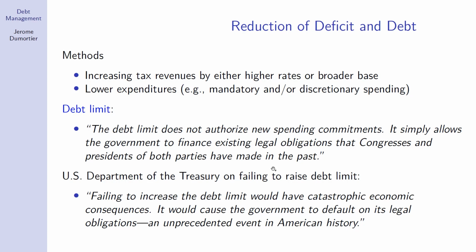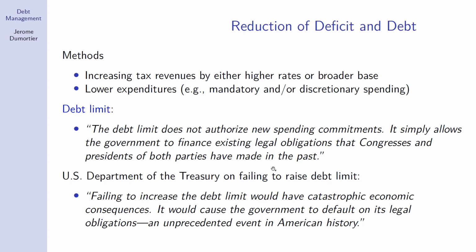Now on this slide, what you see as well are two quotes from the US Department of Treasury with regard to the debt limit. This is an item that has been in the news in recent years. A debt limit is basically setting an upper ceiling of debt that can be incurred by the government.